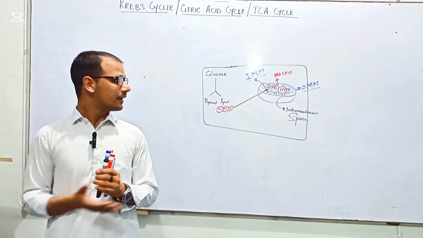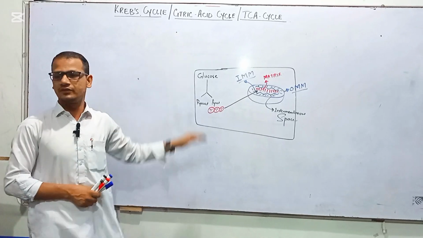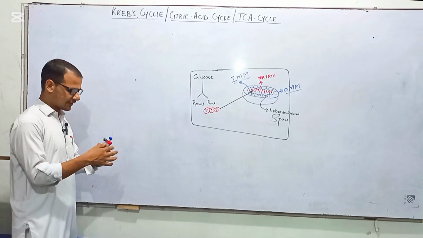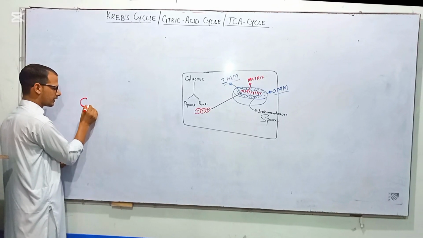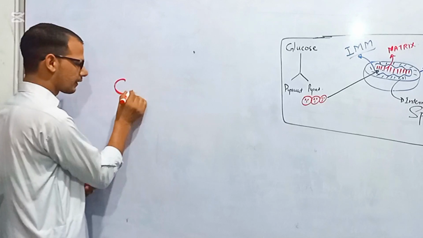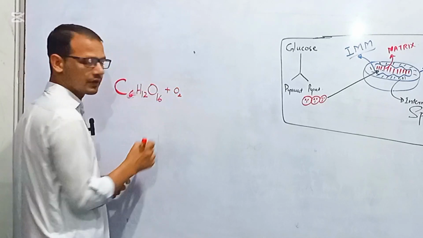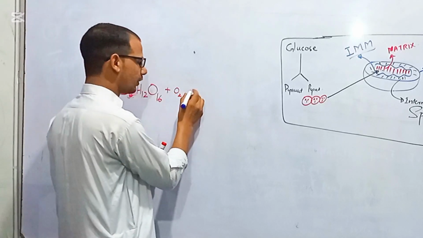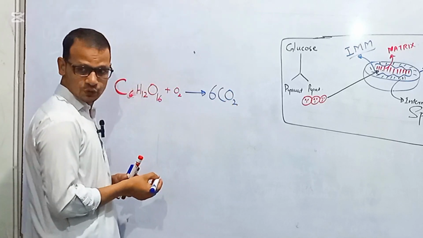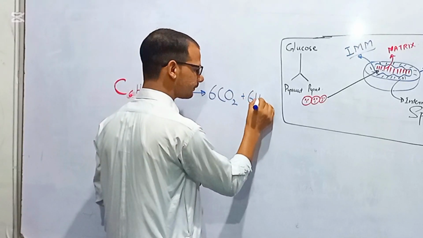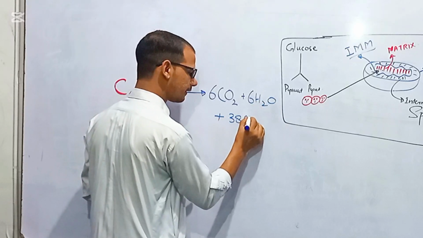Also from here, why is this Krebs cycle called a decarboxylation series of reactions, right? If you remember the whole reaction of the breakdown of glucose, C6H12O6, when there is abundant oxygen, it will convert into 6 CO2 plus 6 H2O plus 38 ATPs.